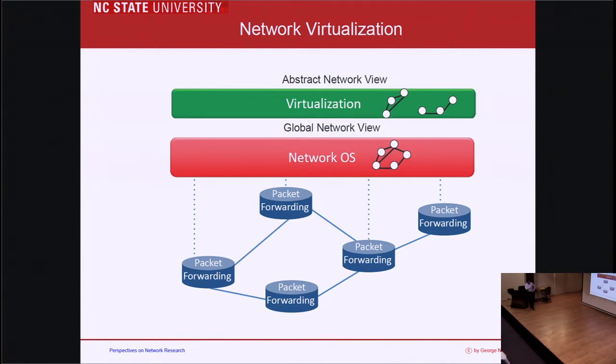So this is, let's say, the view of the network, but at the virtualization layer, you may break it down into things like this, okay? You can customize it as you want. And that ties the SDN work with virtualization, as I said, okay?